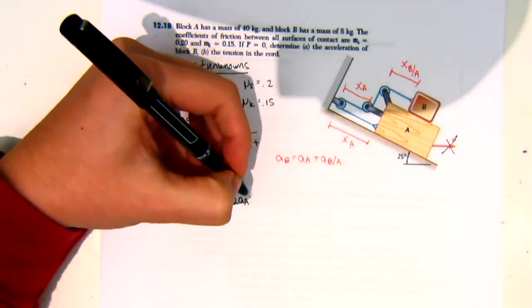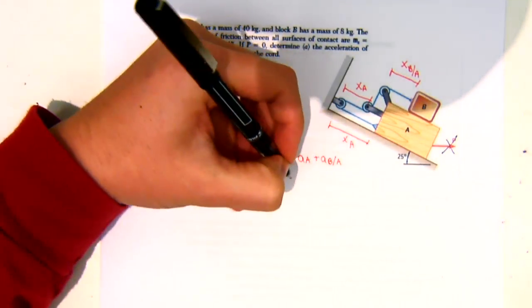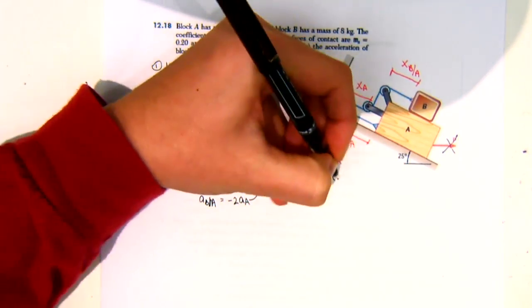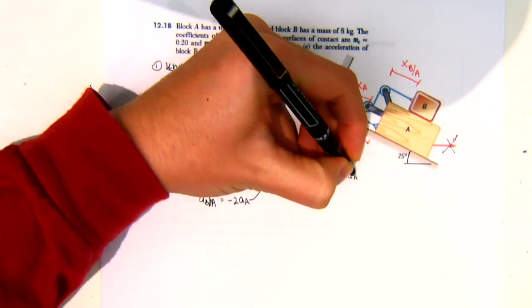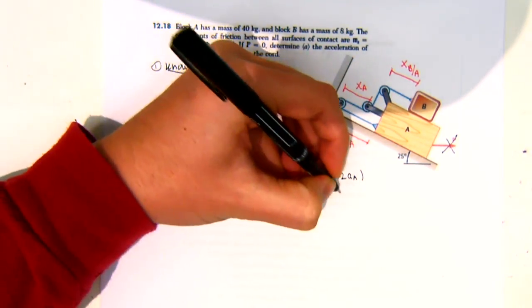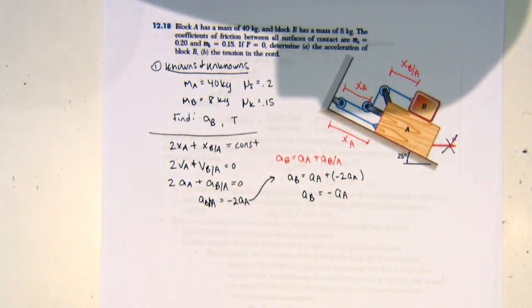So if I plug this into there, I can say that AB is equal to A plus negative 2 times the acceleration of A. And all this shows me is that AB is equal to negative AA. So we know that they move with the same magnitude but in different directions.